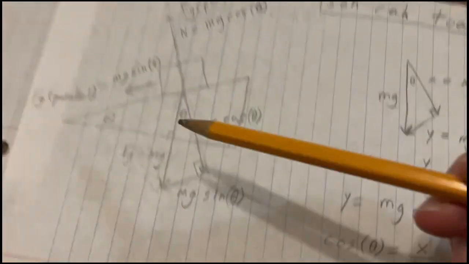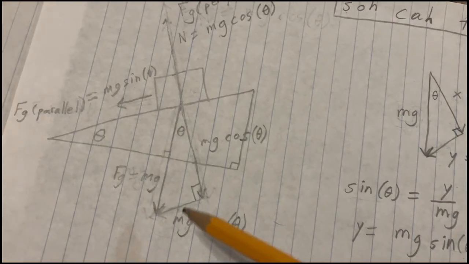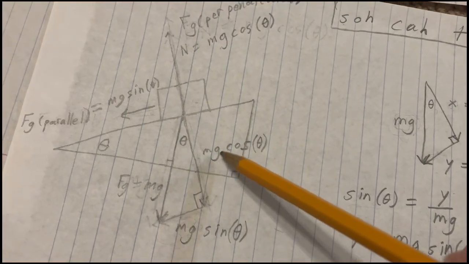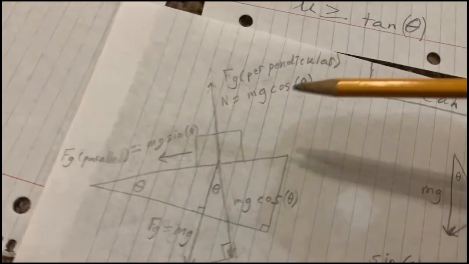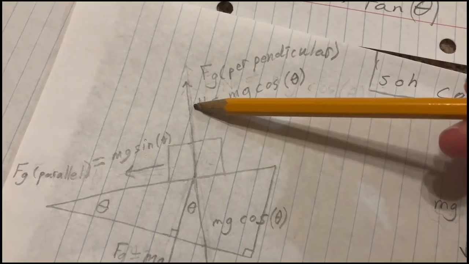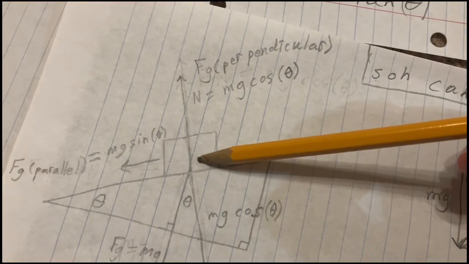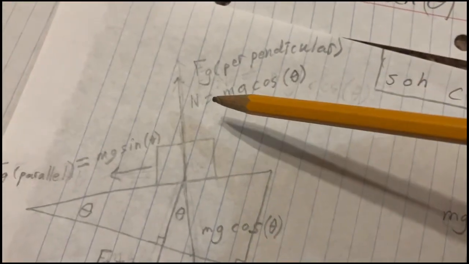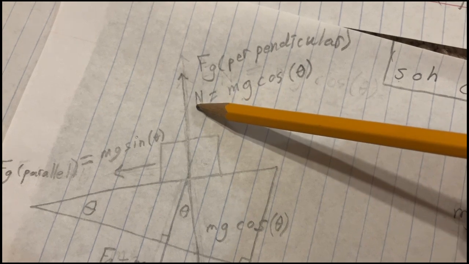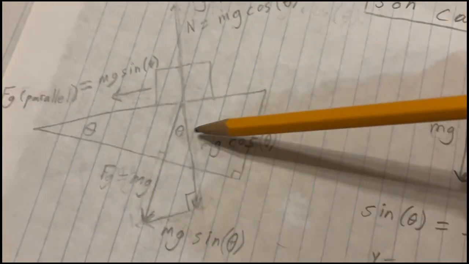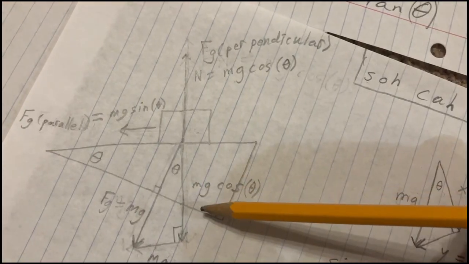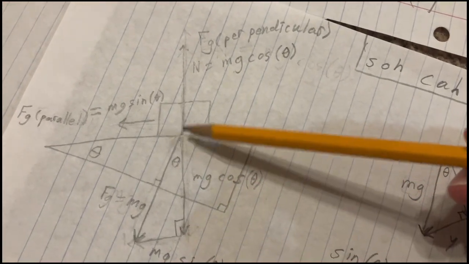So the perpendicular force of gravity in regards to the incline is force times cosine of theta. And since the block is not moving in this direction, up or down, that means that the normal force must be equal to the perpendicular portion of the gravitational force.